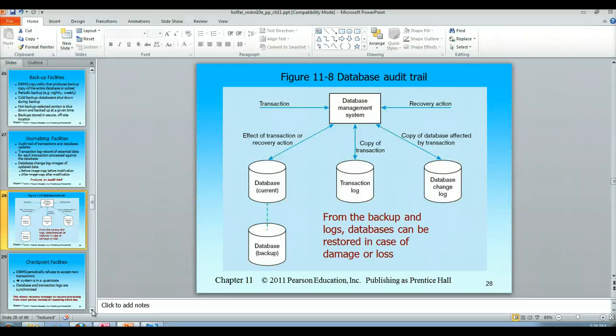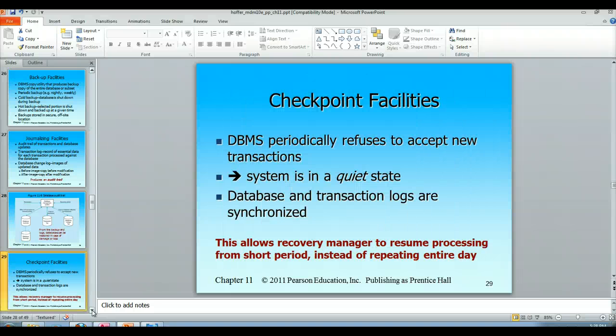Then if there's any kind of recovery action, it goes against the database management system and utilizes the current database, the backup of the database, the transaction log, and the change log to actually recover the database, which we'll talk about more in a future video lecture.